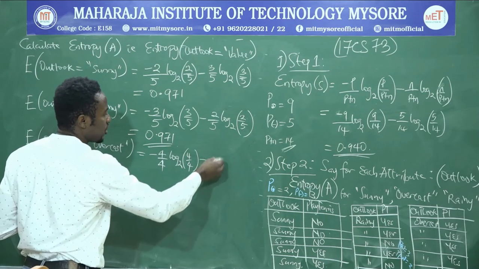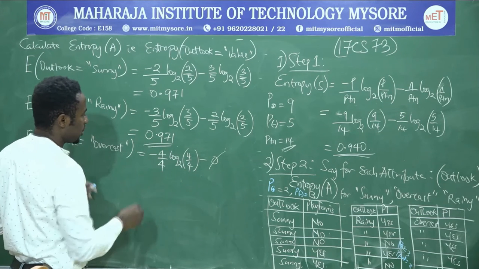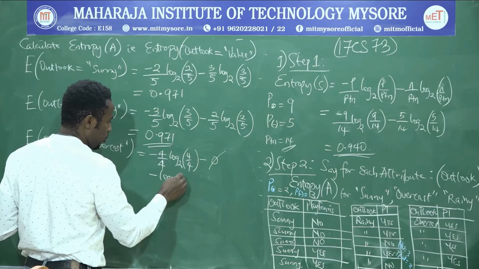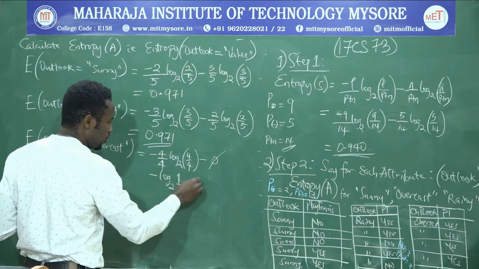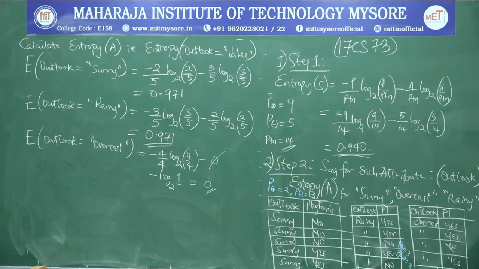The rest is 0, since we are multiplying, so that is gone. If you check minus log 1 to base 2, you will get 0. That's how we get this.